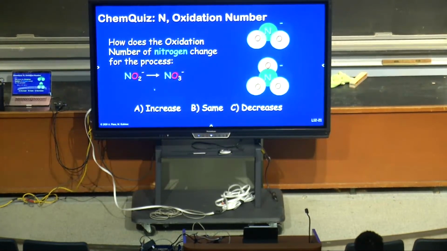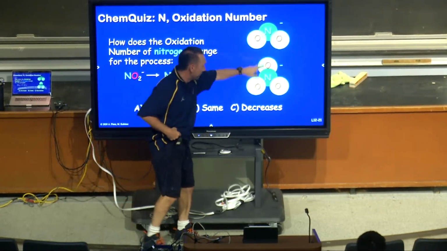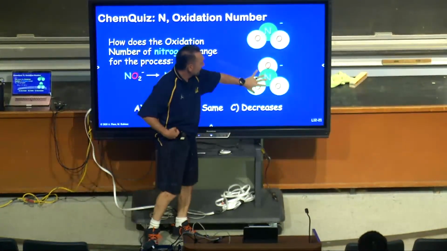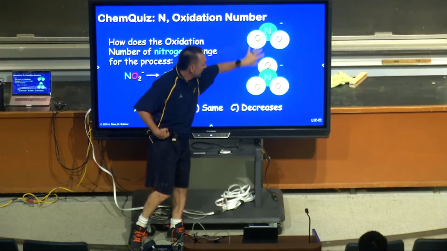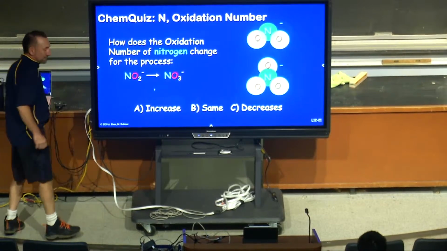So let's do this one. So GSIs, you can spread out and talk about this one with everybody. We're going to look at how the oxidation number changes. And now we've gone through and we've looked at the Lewis dot structure many times, so you have them in front of you. You can compare the NO2 to the NO3 and see what you think.